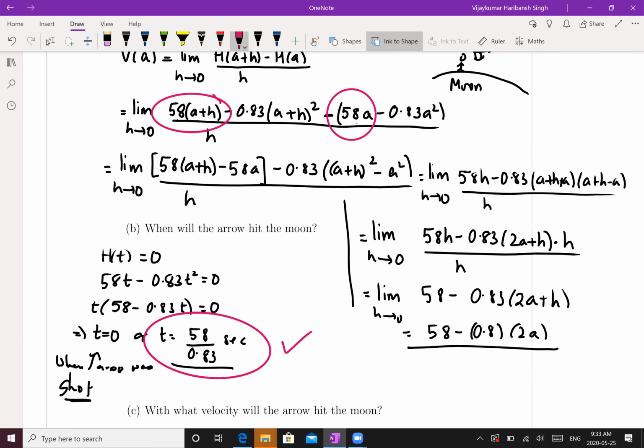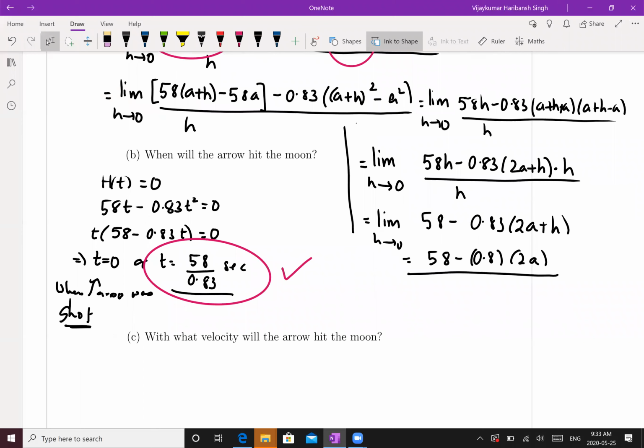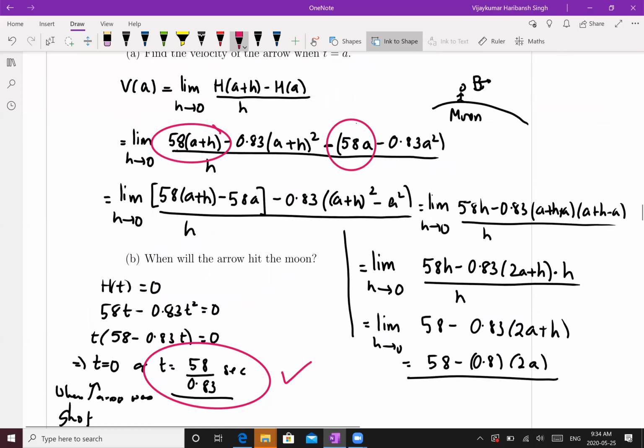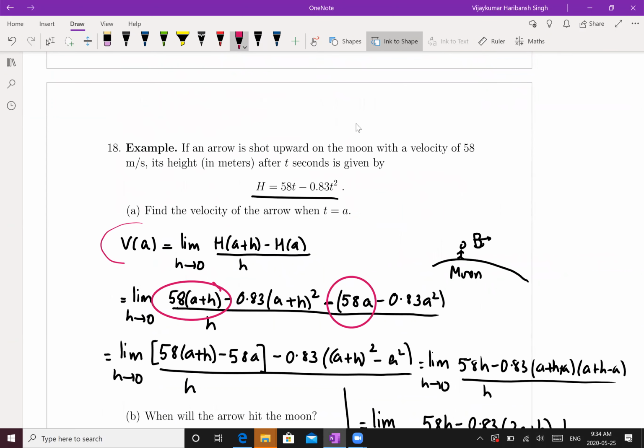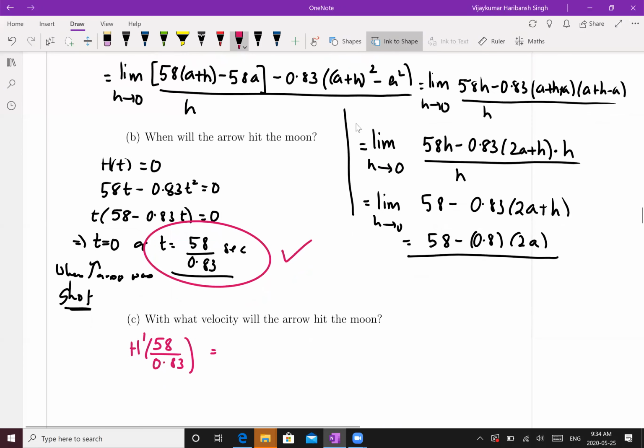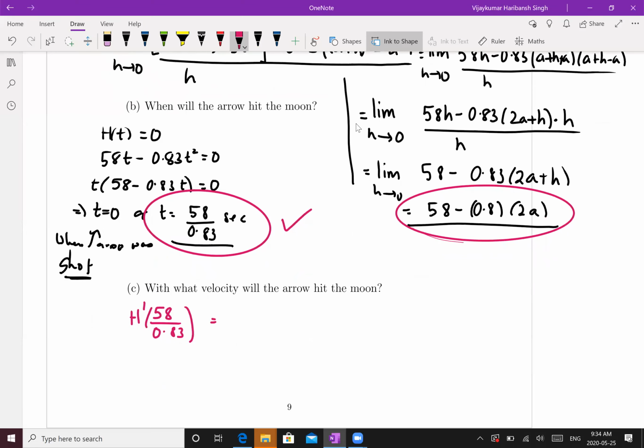Now the next question: with what velocity will the arrow hit the moon? In that case, we have to find h prime at t equals 58 over 0.83, which is simply substituting in this equation. Instead of a, we are going to substitute this value.